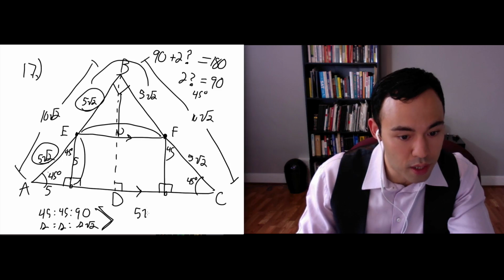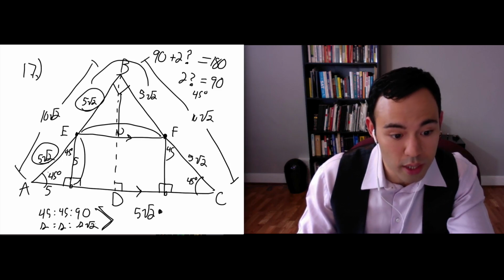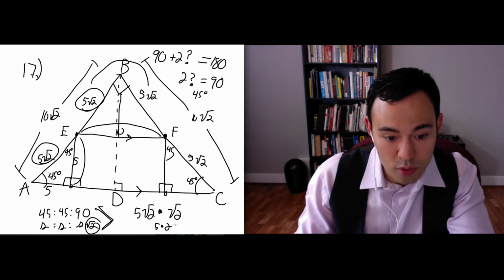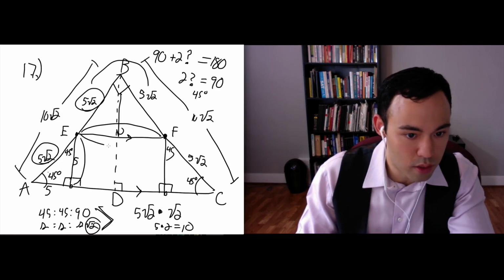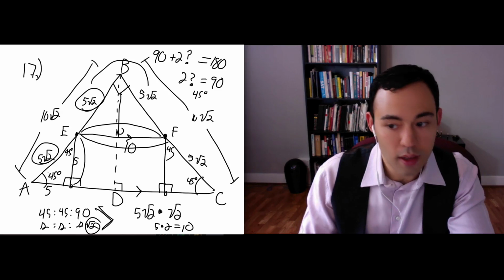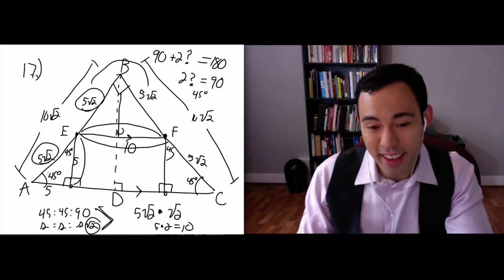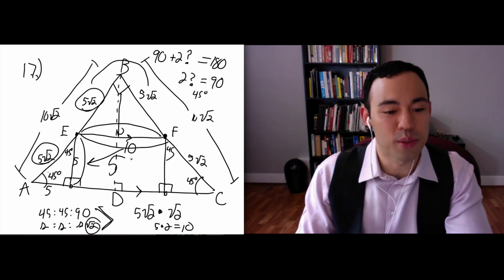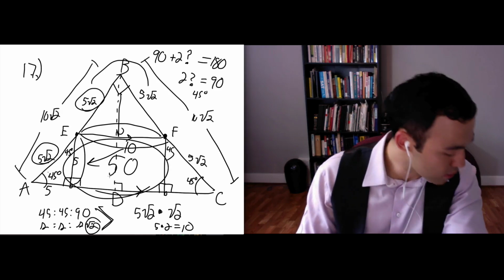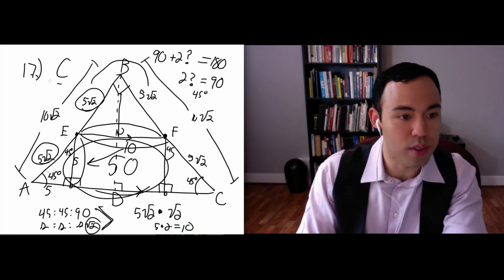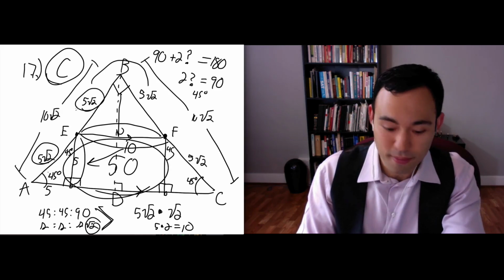So we'll take 5 square root of 2, multiply it by the square root of 2, and that gives us 5 times 2, which equals 10. So this whole chunk here is 10. At last, we can go 10 times 5 equals 50 for this whole region. And let's see, yep, that's answer choice C.